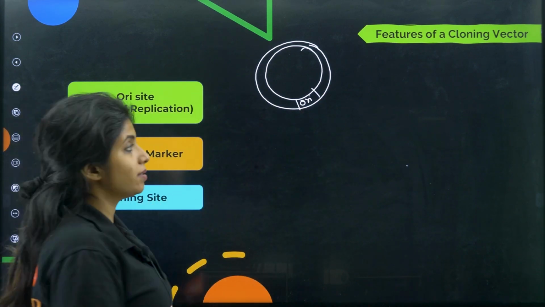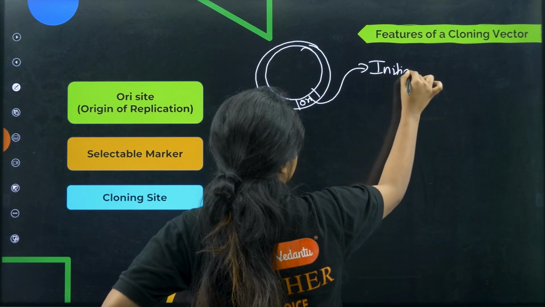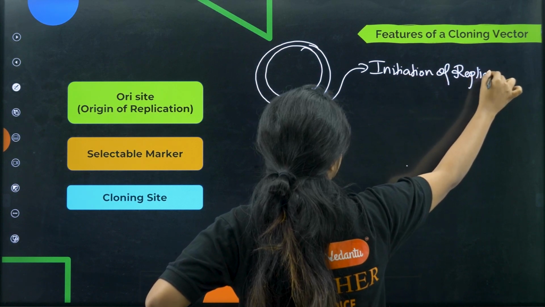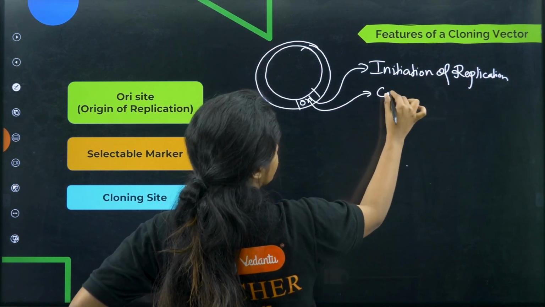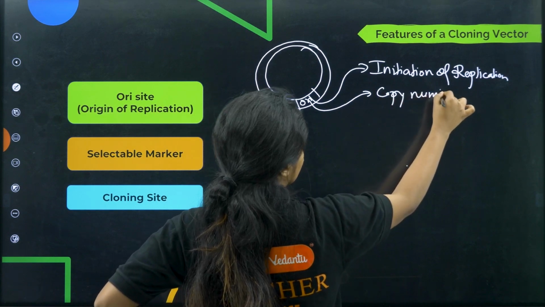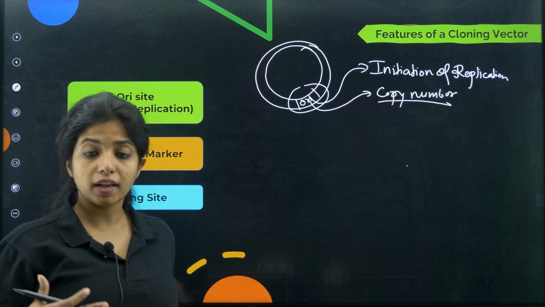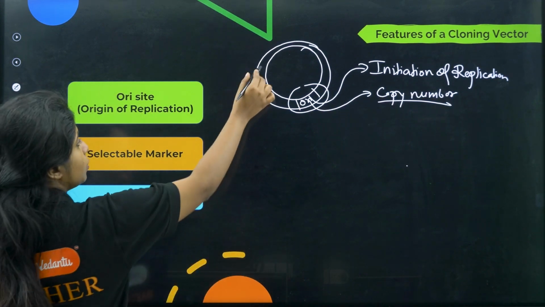It should have an ORI site because ORI is responsible for initiation of replication. Apart from that, children, it is also responsible for copy number, as in how many copies can be created, which is also decided by the ORI. So you should take the one whose ORI supports a high copy number. That is about ORI.